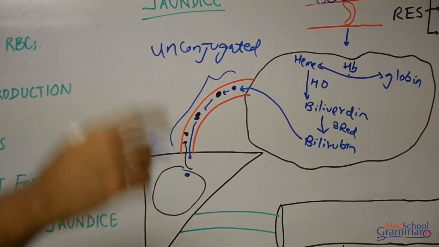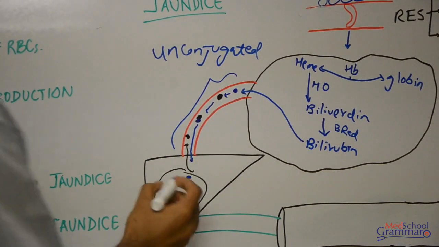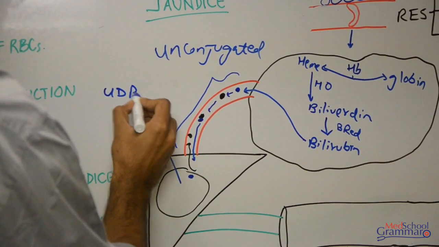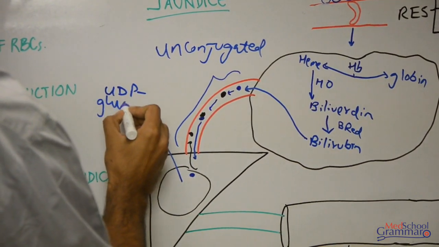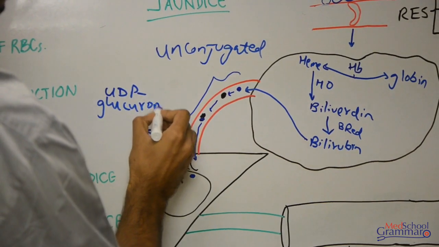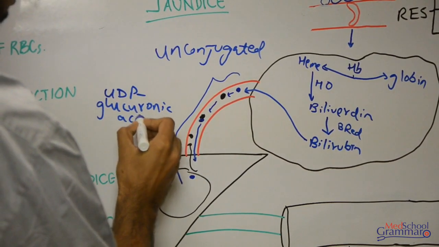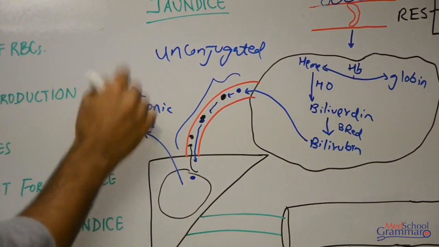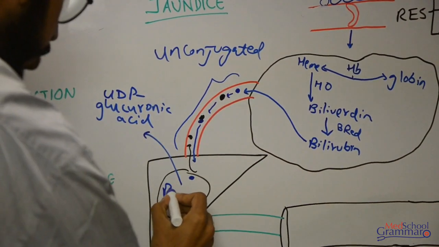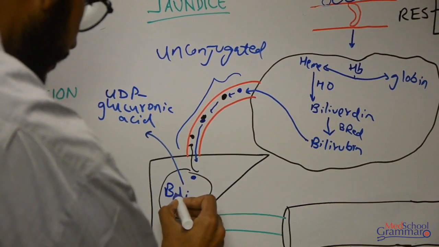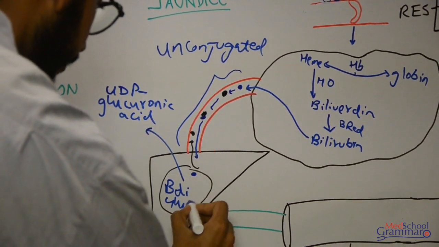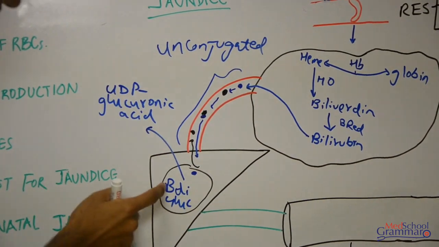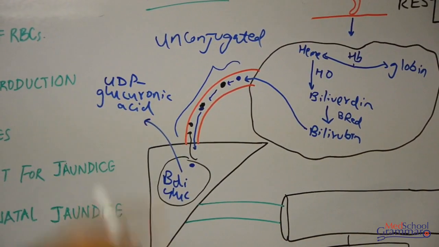Bilirubin combines with UDP glucuronic acid to form bilirubin diglucuronide. Now this form is the conjugated bilirubin.